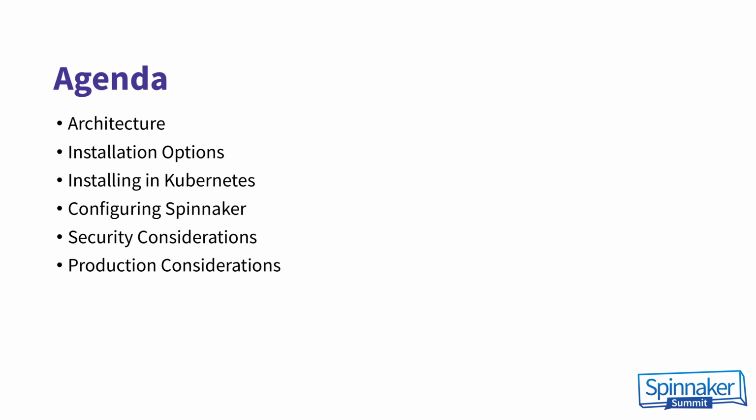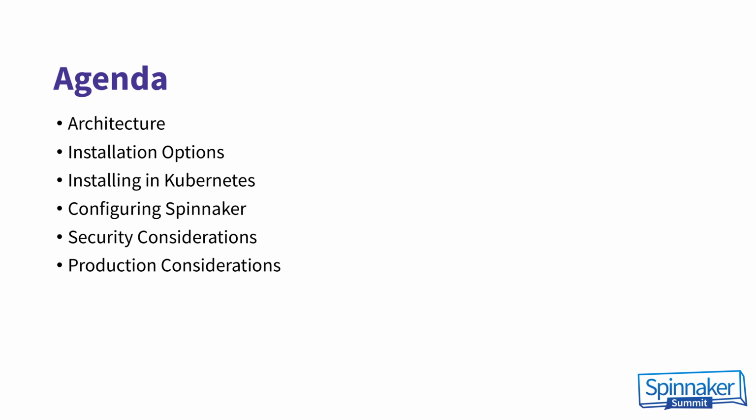What I'm going to talk about is the architecture of Spinnaker. I'm going to talk about the different install options that are available, and I'll do a very simple install in Kubernetes. During this session itself, I'll set one up in Google Cloud, in GKE, get it up and running, and run a pipeline in it.